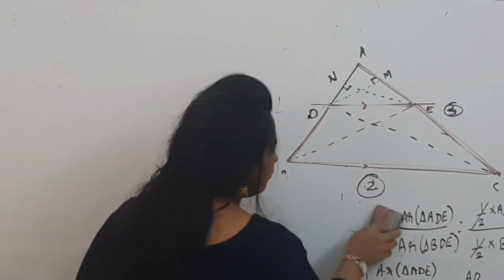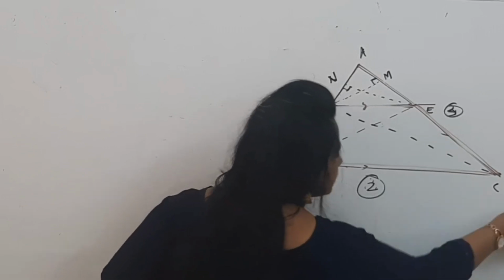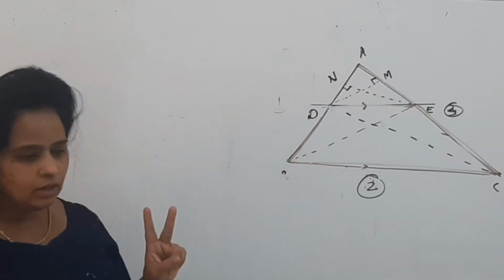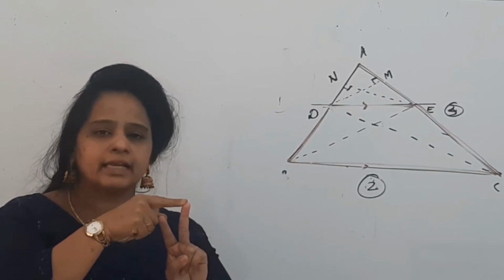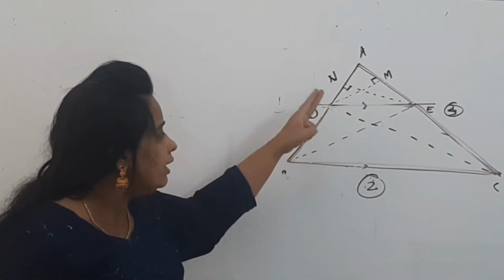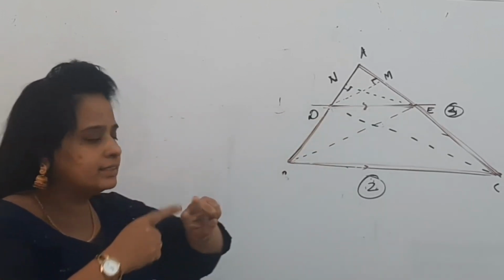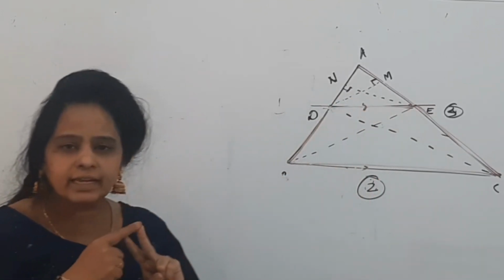Similarly, the theorem says the first statement implies the second statement. Here, if the lines are parallel, that is the first statement. Then they are divided in the same ratio. That is the second statement.